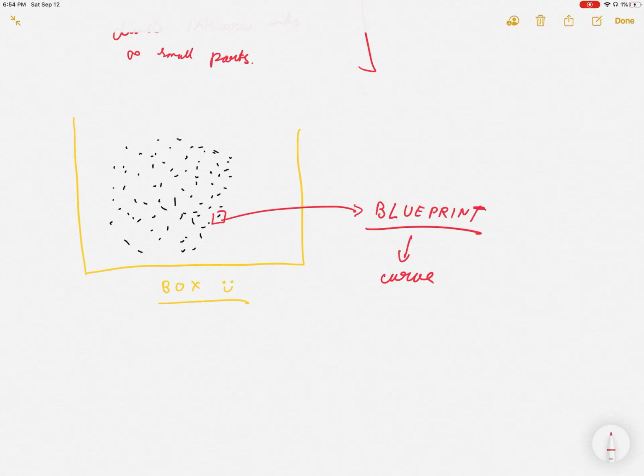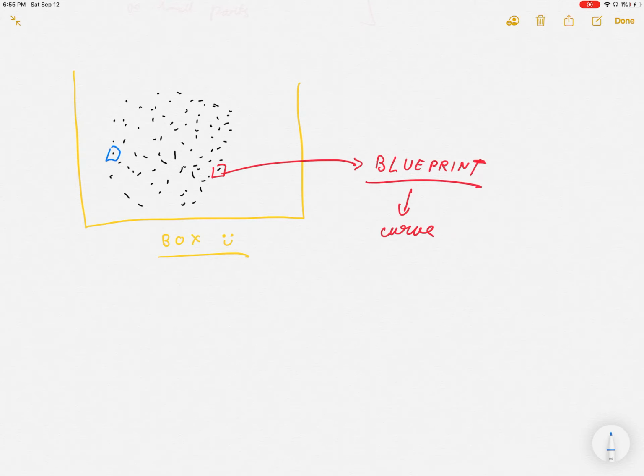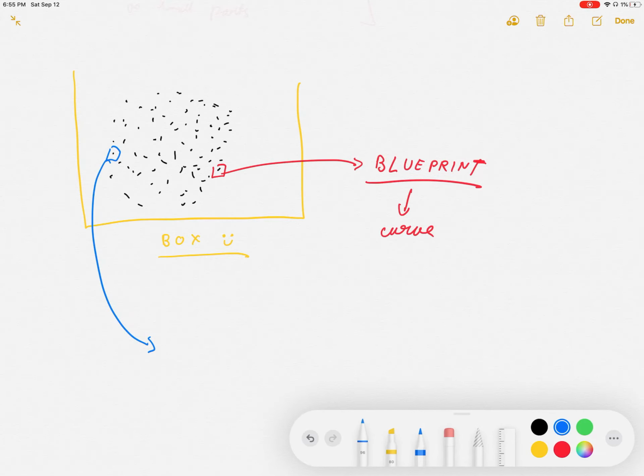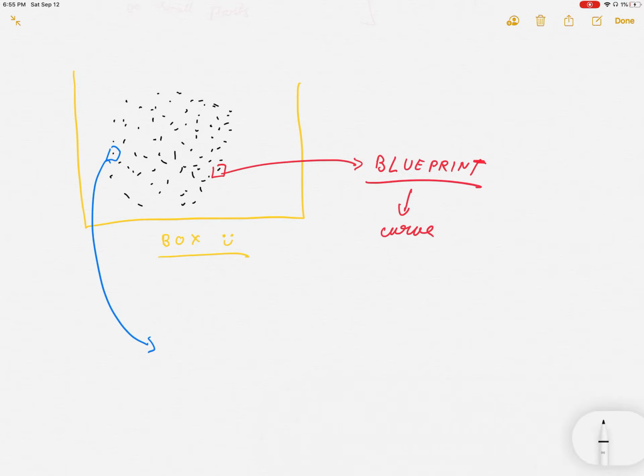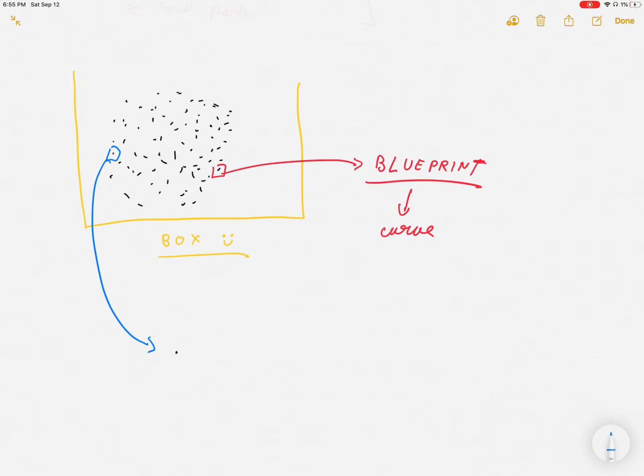What I mean by this is that suppose I take one part over here. I have to change colors. Sorry. If I take any one of these infinitely small parts over here, I would have the ability to create, or the better word is recreate, the entire curve with which we started.